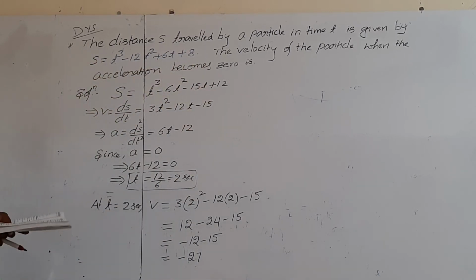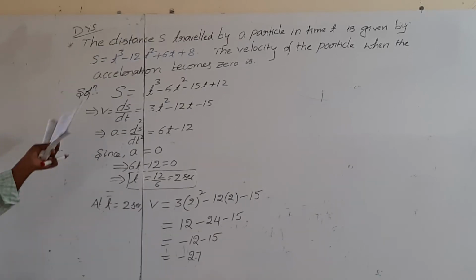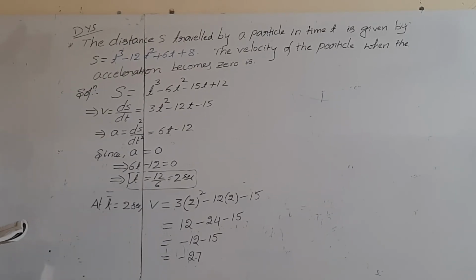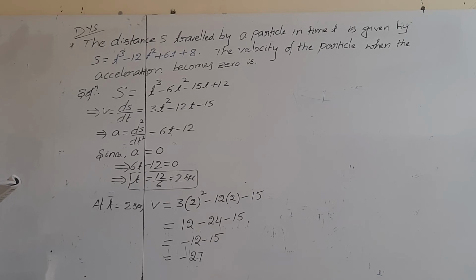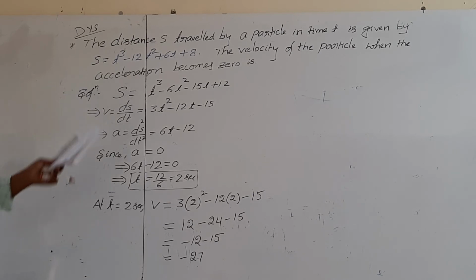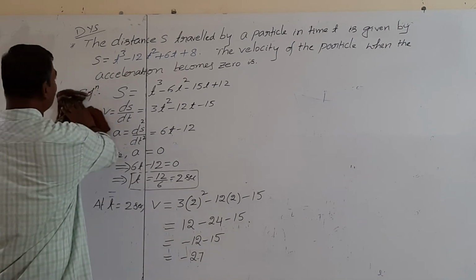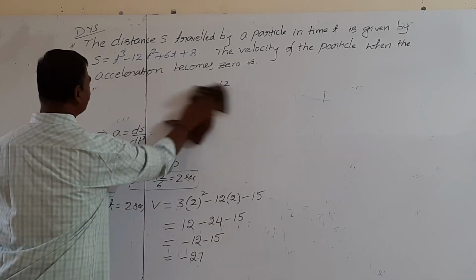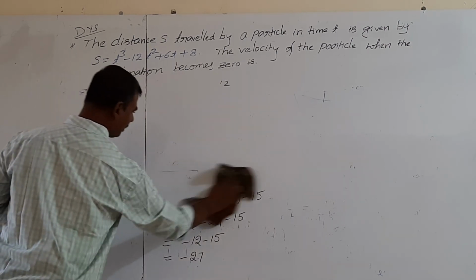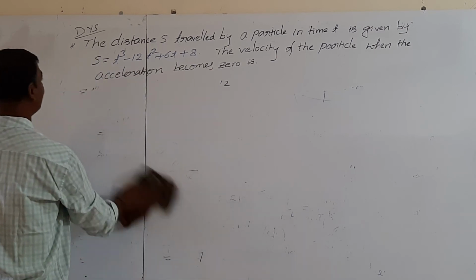The velocity of the particle when the acceleration becomes 0 is. As it is a ditto question, you can easily solve this problem. So do it yourself. Let us go to another problem. Okay? Shall I go to the next question? Let us see. For this problem, do it like this, same model, same manner, no change at all.